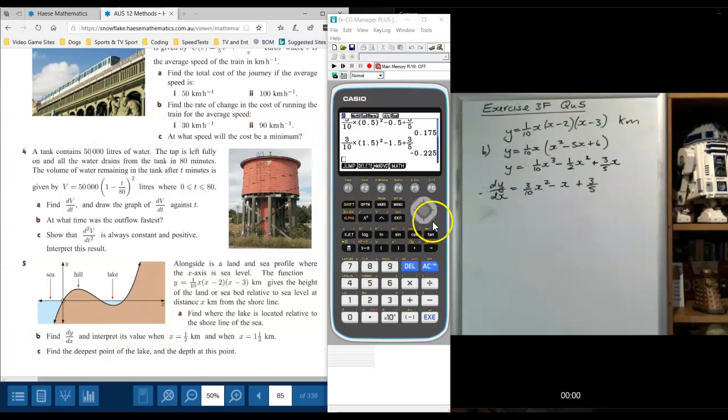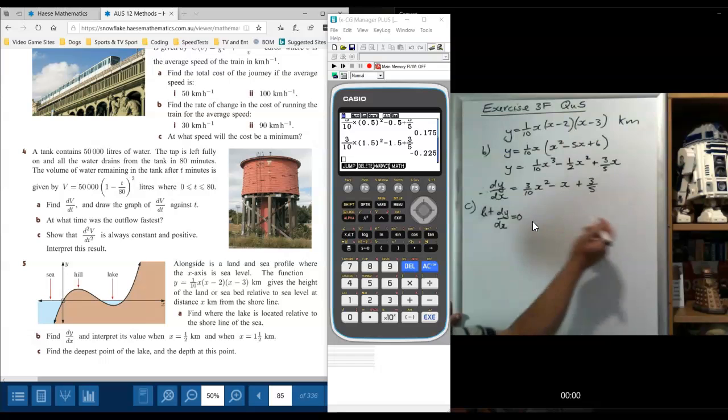So I'll get into the meat of the question really, and we'll just look at C. Alright, so we're going to let dy/dx equal 0.